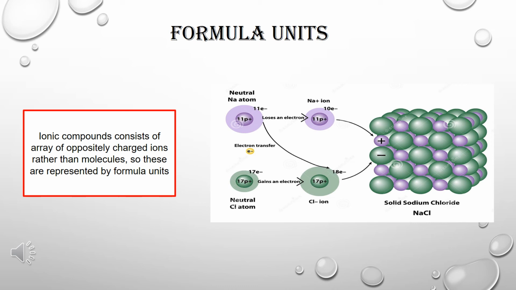As a result, a whole huge structure of sodium chloride is present, and it is not possible for us to separate an individual molecule from this whole structure. So such structures which are ionic in nature, we represent with the help of formula units.